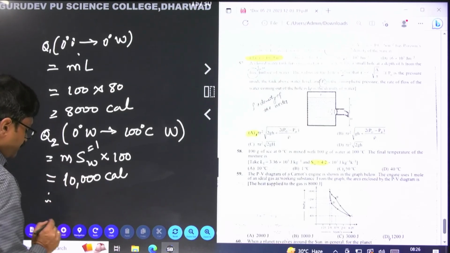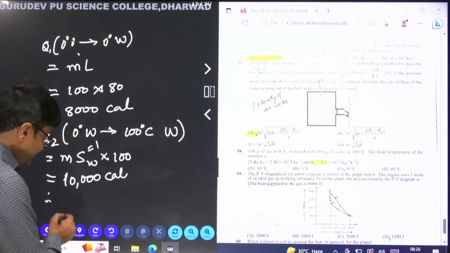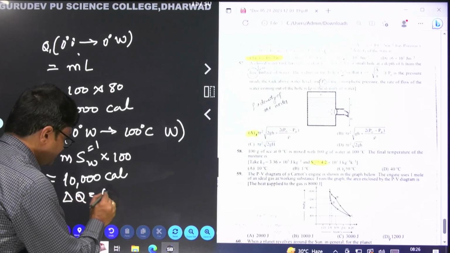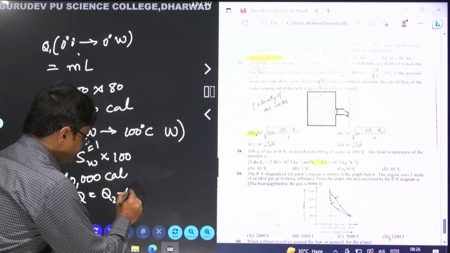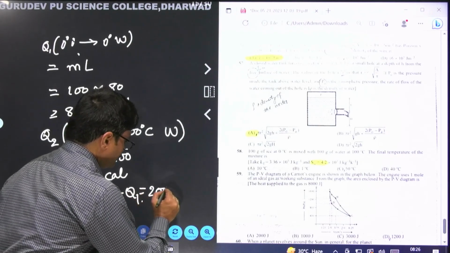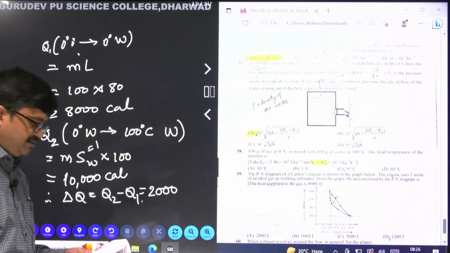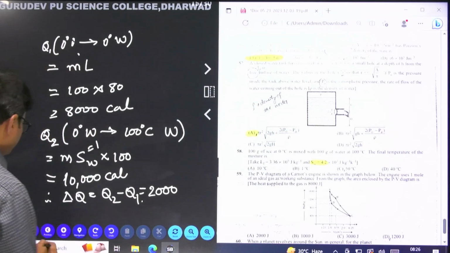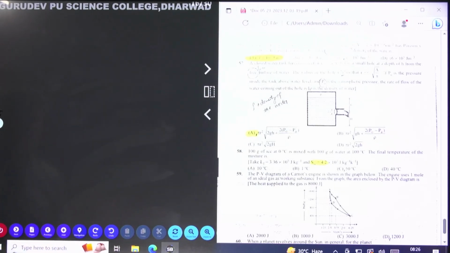Now therefore, what is the net heat that is required in this case? Delta Q, that is Q2 minus Q1, which is nothing but 2000 calorie. Okay, now this 2000 calorie, if you just equate it, let me go to the last step of this solution.